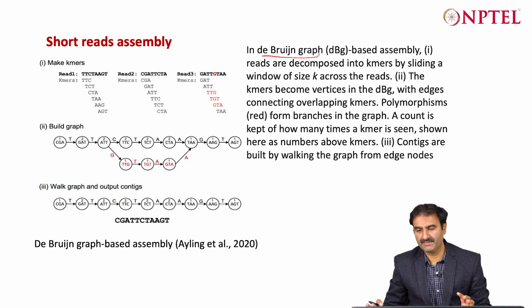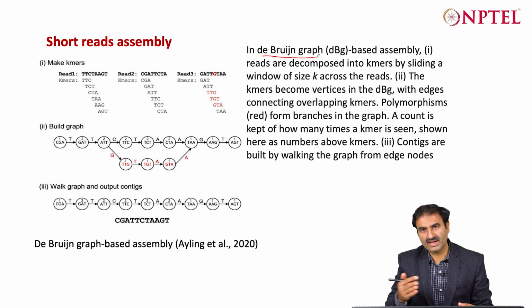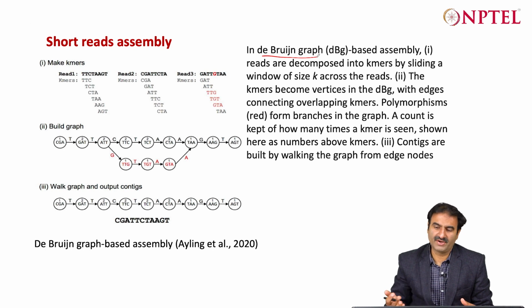It will make an array of k-mers, and it will try to connect those k-mers. Each k-mer becomes a vertex in the de Bruijn graph, and then it tries to run through the overlapping k-mers, doing this iteratively to generate the contigs, right.